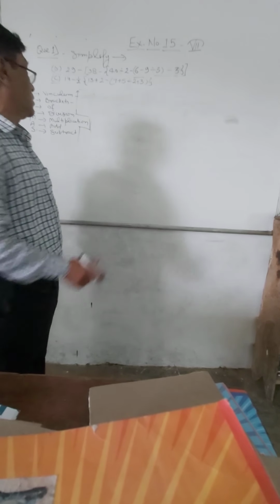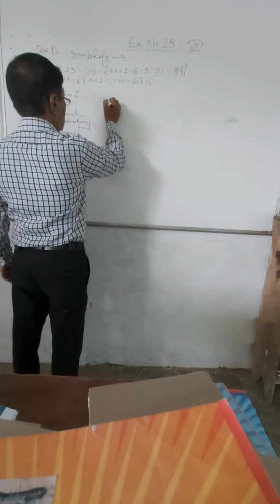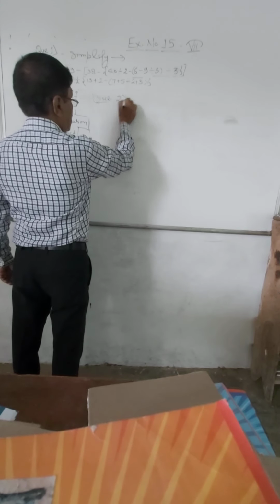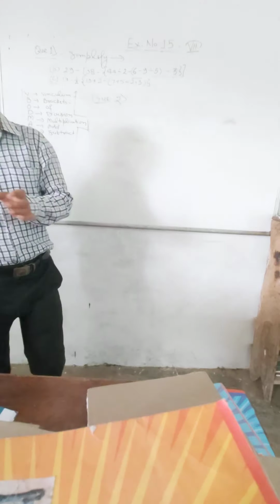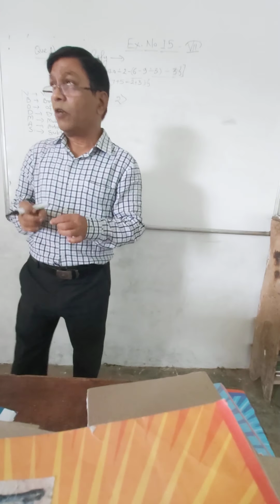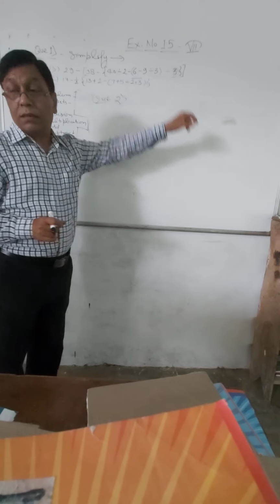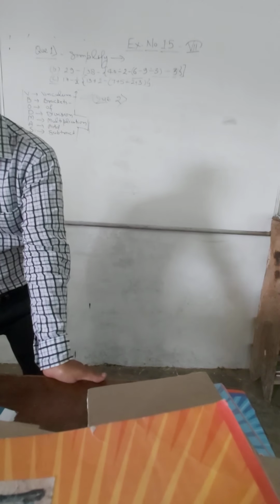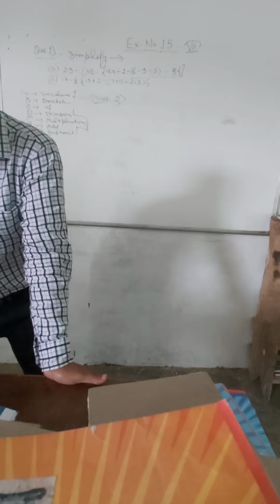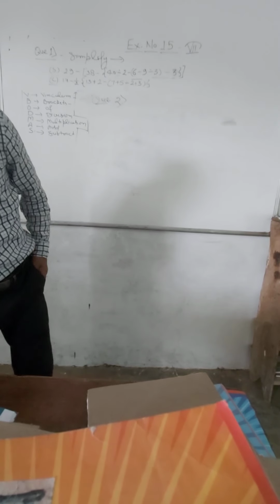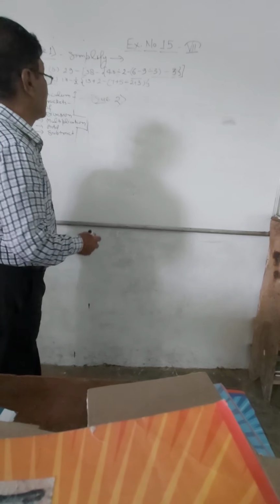Now next question, question number 2. Some word problems are given. From this word problem you have to make the expression. Suppose question A: 63 divided by 1 more than the sum of 3 and 5.